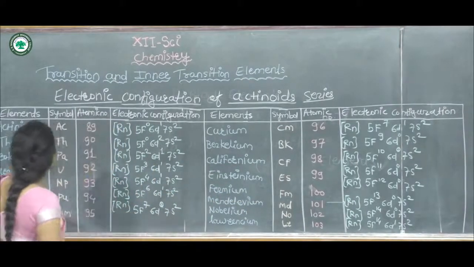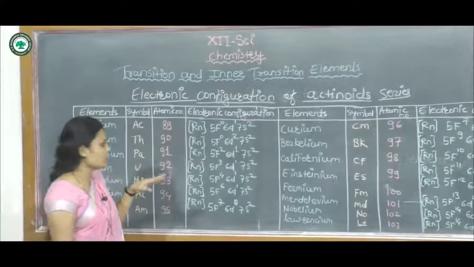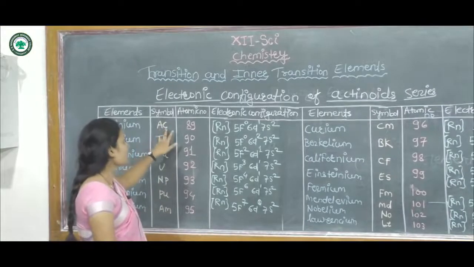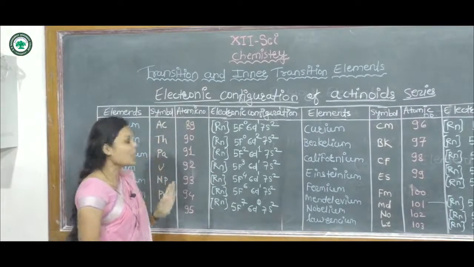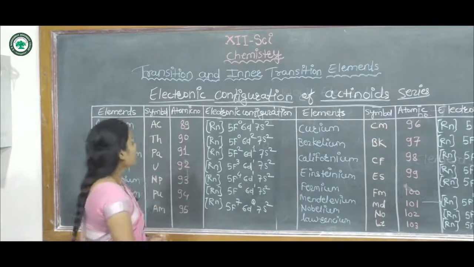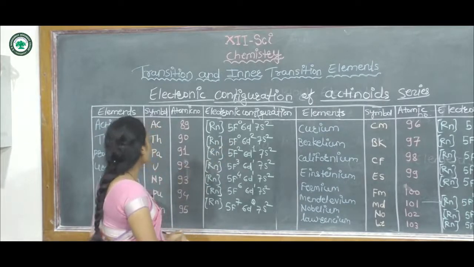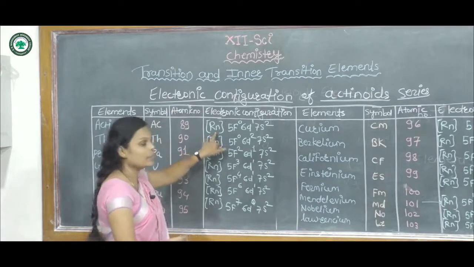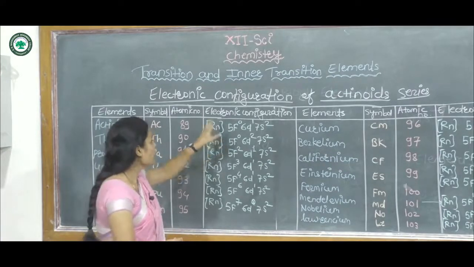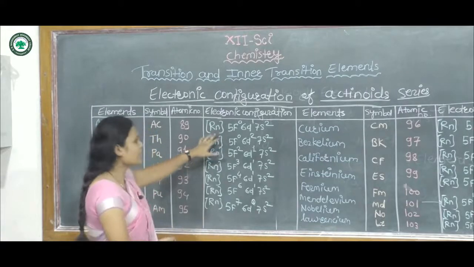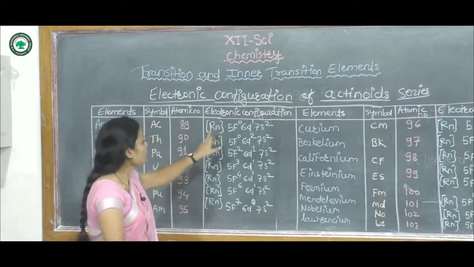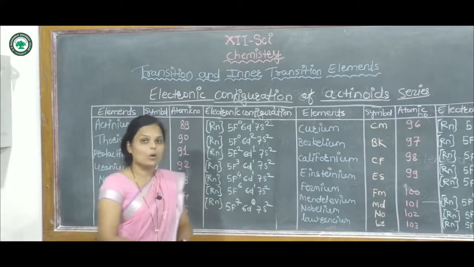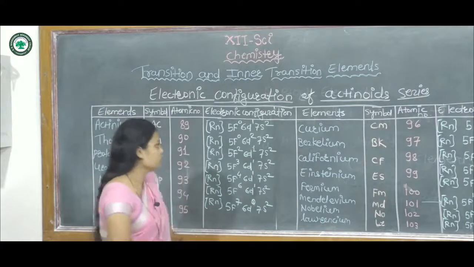The first element of the actinoid series is actinium. The symbol of actinium is capital Ac. The atomic number of actinium is 89, and its electronic configuration is radon core, because radon's atomic number is 86. That is why radon is used to represent the actinoid series.